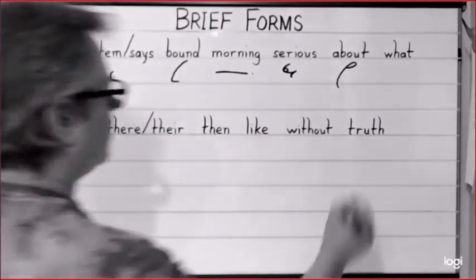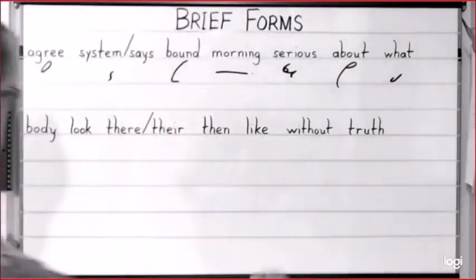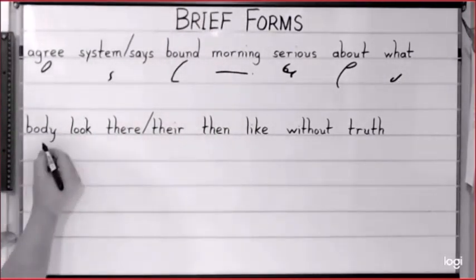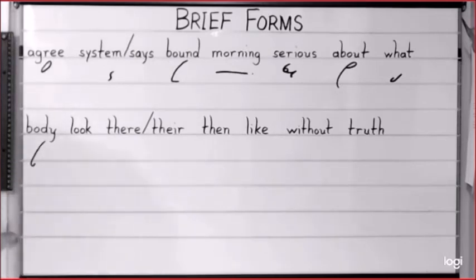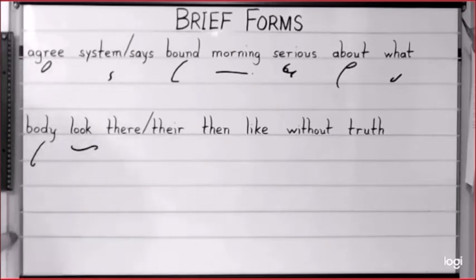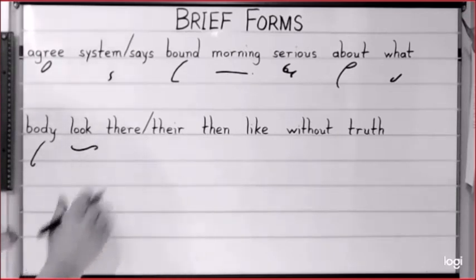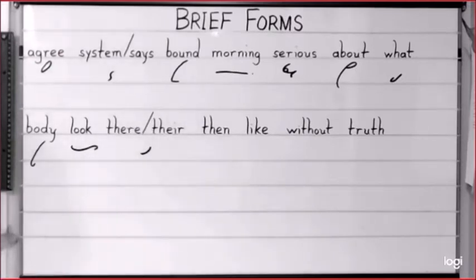For what, it is an O and a T. For body, it is a B and an O. For look, L-U. For there or their, whichever one you're using, you'll just use the upward or under TH.